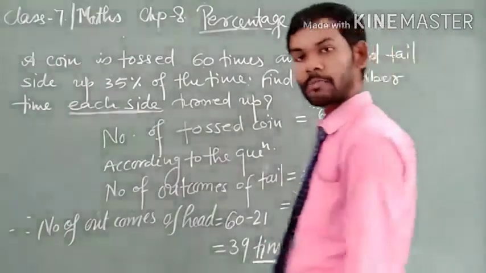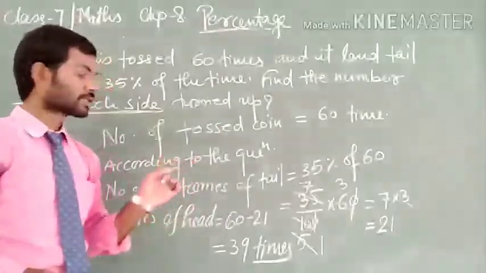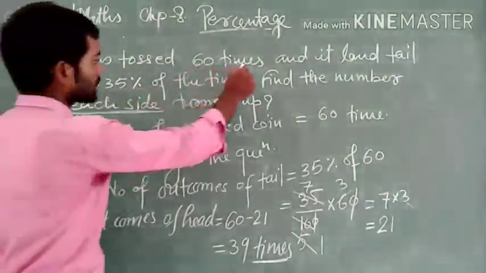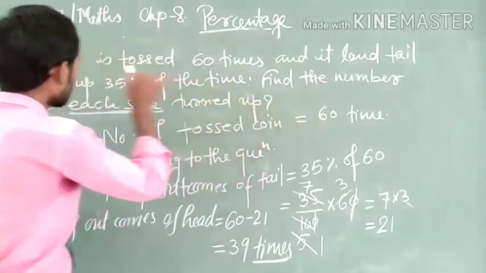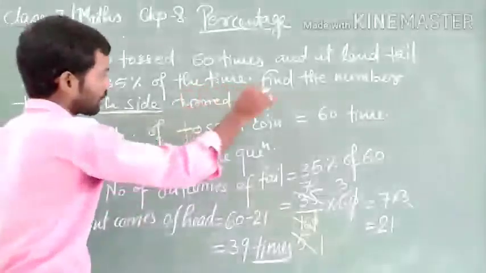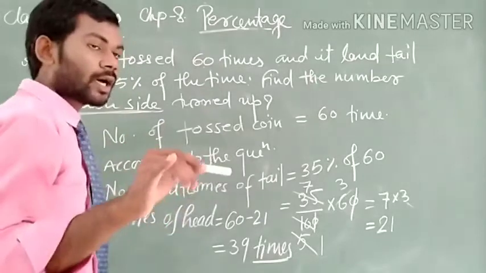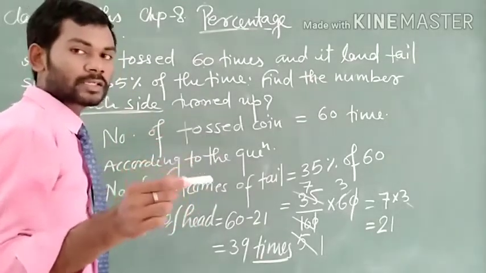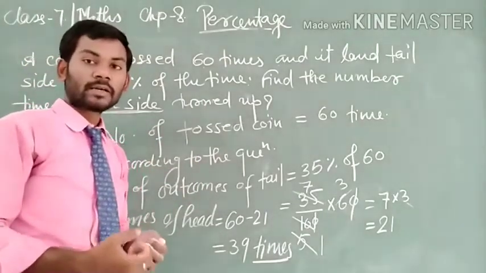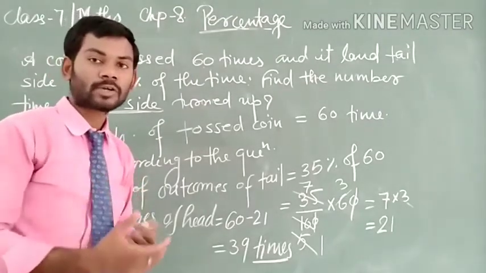I hope it is clear to everyone. Okay, students, so this is the solution. Let's see once again what the question wants to say. A coin is tossed 60 times and it lands tail side 35% of the time. When we toss the coin 60 times, 35% of the outcomes are tail.